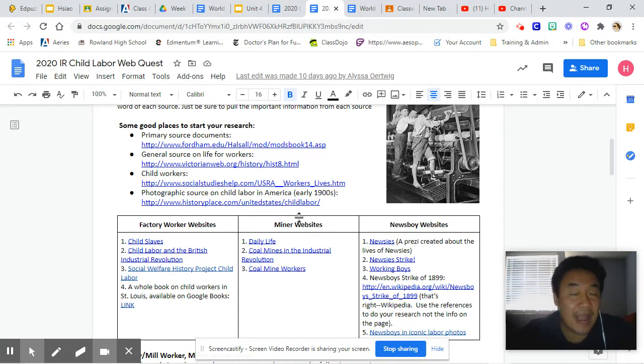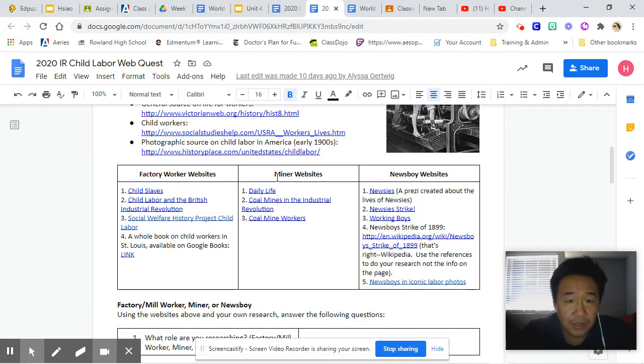It's just now in a different place, and it's a little bit less, like it's frowned upon, but people still do it. So we're going to be looking at the general idea of this, and then you're going to choose the factory worker, the miner, or the newsboy. These are very specific ideas that help you with just what happened to these children.